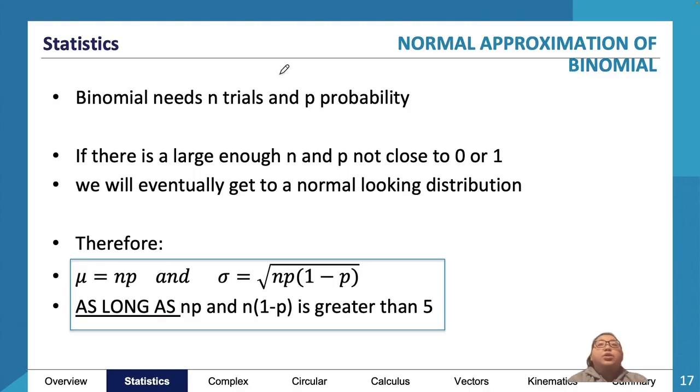Okay. So binomial: the normal approximation of the central limit theorem normally applies to the binomial, and you need n trials and p probability. If the sample size is large enough, so np is not close to 1 or 2, eventually you'll get a normal looking distribution. So you can use mu equals np, and standard deviation equals root of np(1 minus p).